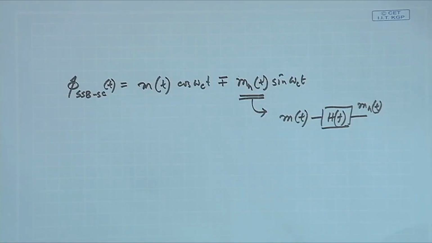Then for demodulation it is pretty easy. We have seen that this particular signal, phi SSB-SC(t), you just multiply with cos omega_c t. Immediately you will get a term related to the baseband of that signal, and then there will be terms of higher frequency, cos 2 omega_c t and sin 2 omega_c t.